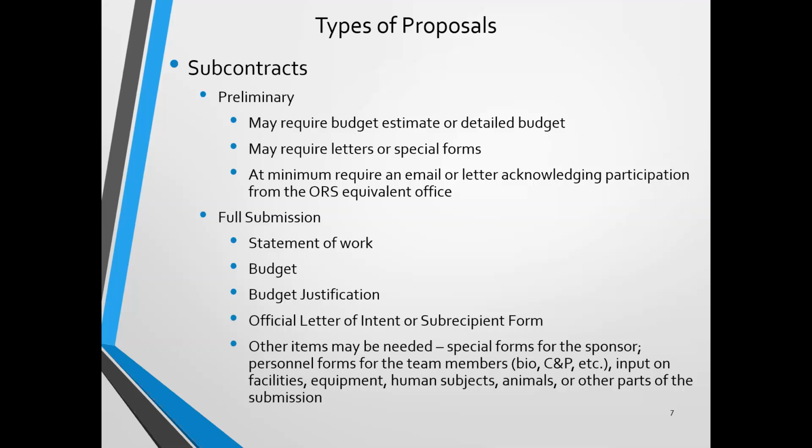There might be other items that might be needed, like special forms, biosketches, current and pending. If you are the person who's putting the submission in and you have subcontracts, you're also probably going to want information from them on what facilities and equipment they have that they might be using to help support the work that's being proposed.